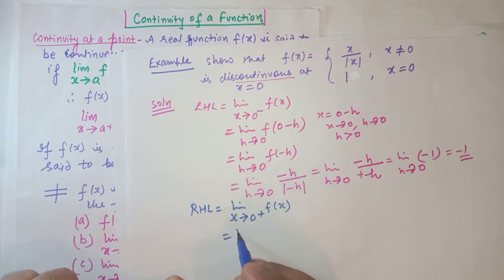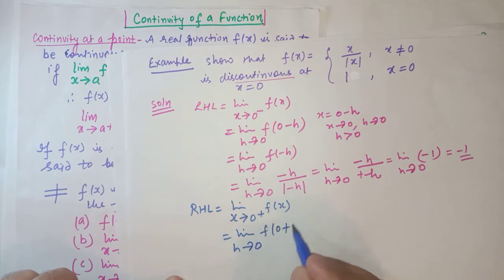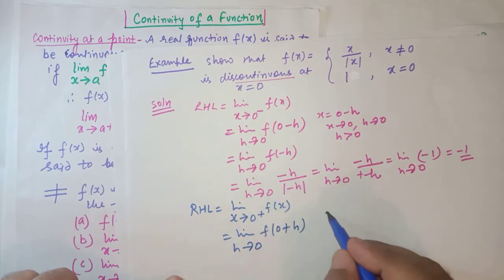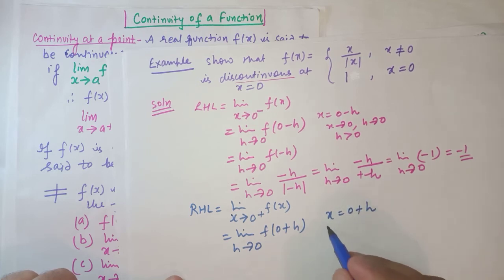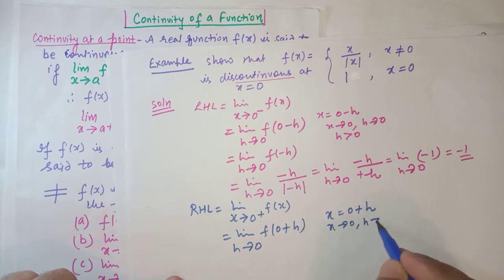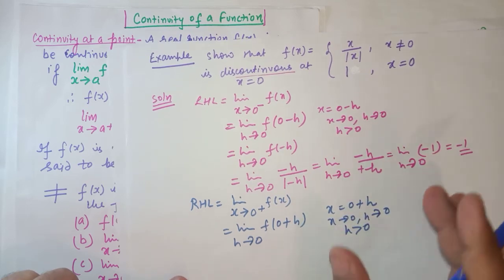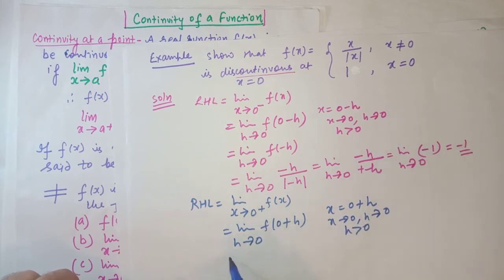So this is limit h tends to 0, f of 0 plus h. Here we have substituted x equal to 0 plus h. x tends to 0 implies h tends to 0 and h is greater than 0. h is a very small quantity. So this is limit h tends to 0, f of h.